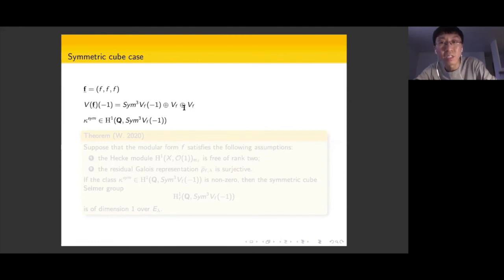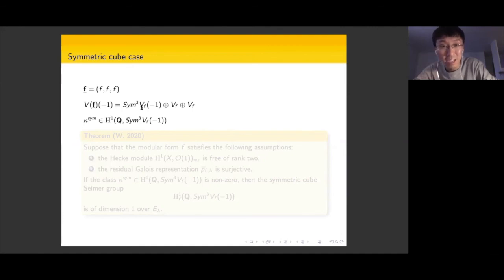Then it's actually expected, as you've already thought about, that you can find some cubic twist such that the L-function of the modular form doesn't vanish, and then you can say something about the symmetric cube without running into this kind of problem.